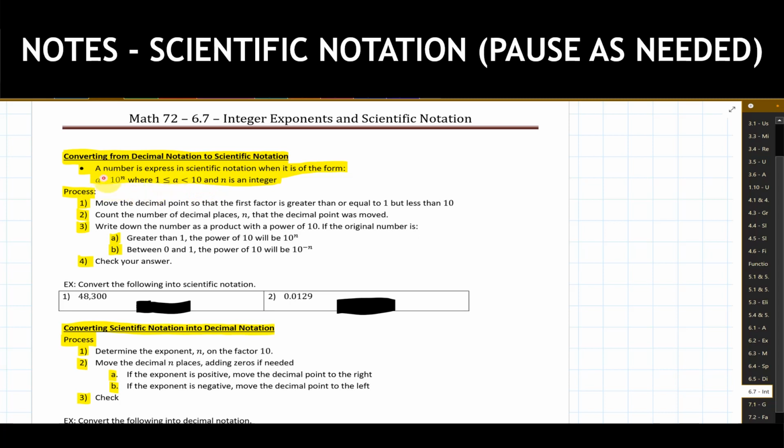So we can only have something out front here that has one digit in the ones place, thinking of writing it as a decimal. And then the times 10 to the n power, that n that we have up here for the exponent, has to be an integer value. It's a 7, a 13, a 5, a 100, whatever it may be. But it has to be an integer value.